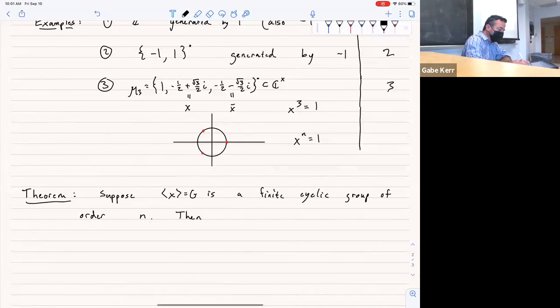Then we can actually write down what G looks like, as I was just saying. We'll have some identity, we always have an identity. We'll have our generator X, and then we'll just start taking powers.